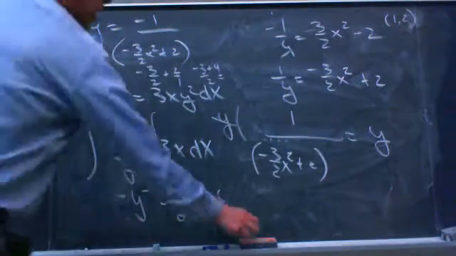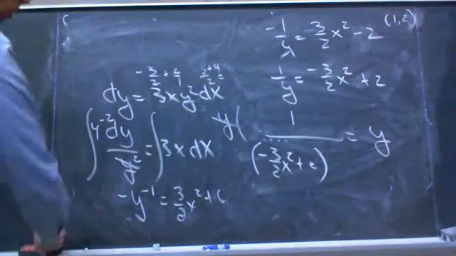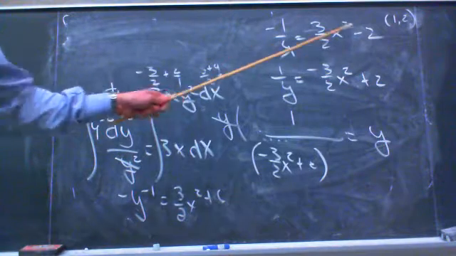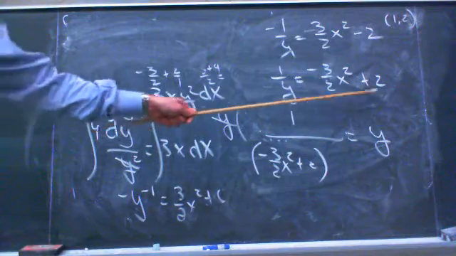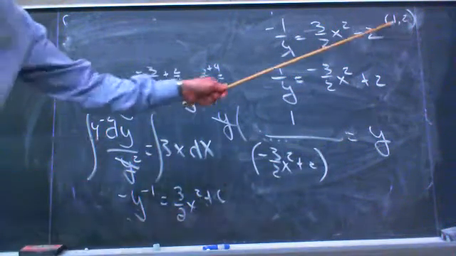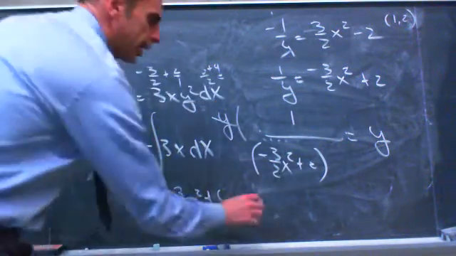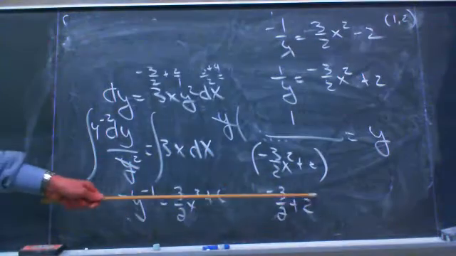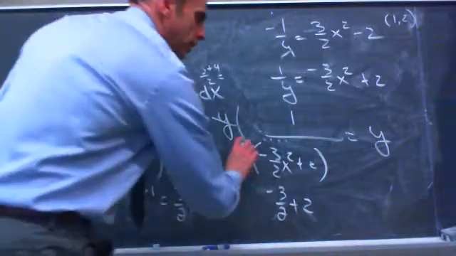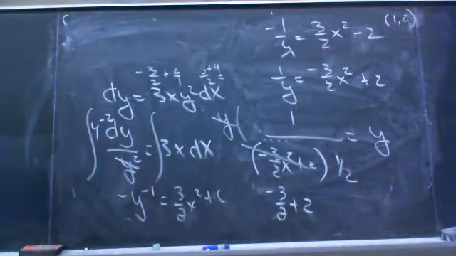So I took it the step before, because when I divide the negative out, I get positive 1 over y equals negative 3/2 x squared plus 2. Replace the x with 1, and now I get negative 3/2 plus 2. Negative 3 plus 4 is 1/2. So when I invert and multiply, I get 2.